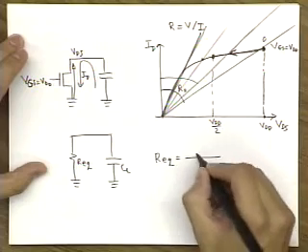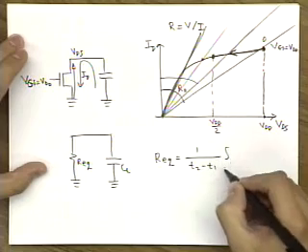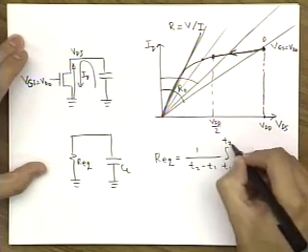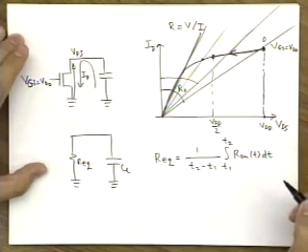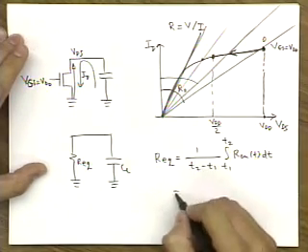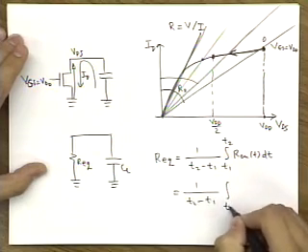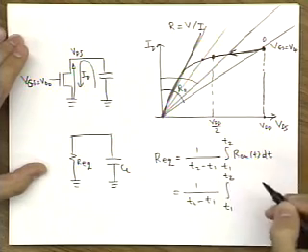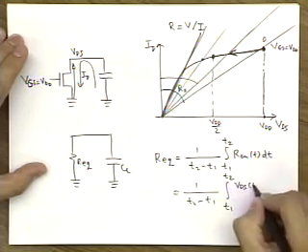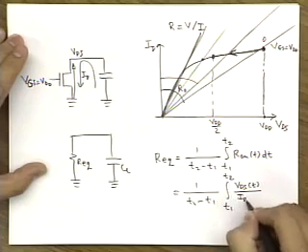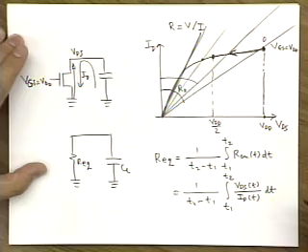So you have 1 over T2 minus T1 times the integral from T1 to T2 of R on of t dt. That is equal to 1 over T2 minus T1 times the integral between T1 and T2 of VDS of t divided by ID of t, times dt.